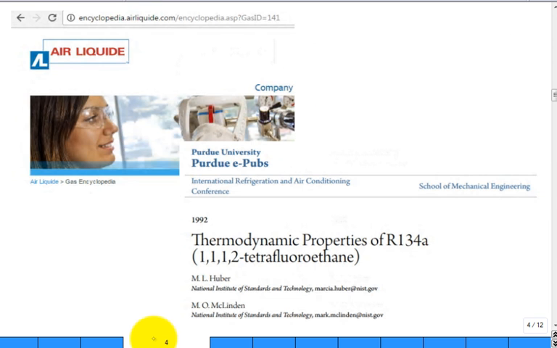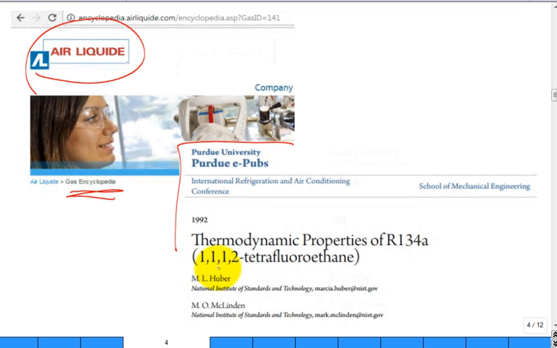You can take a look at the properties of refrigerant. I was going to show you on the website. There are some places that do a pretty good job of putting out properties of refrigerants. Here's a Purdue University publication. It's a little old, but they tabulated the properties of refrigerants like 134a.